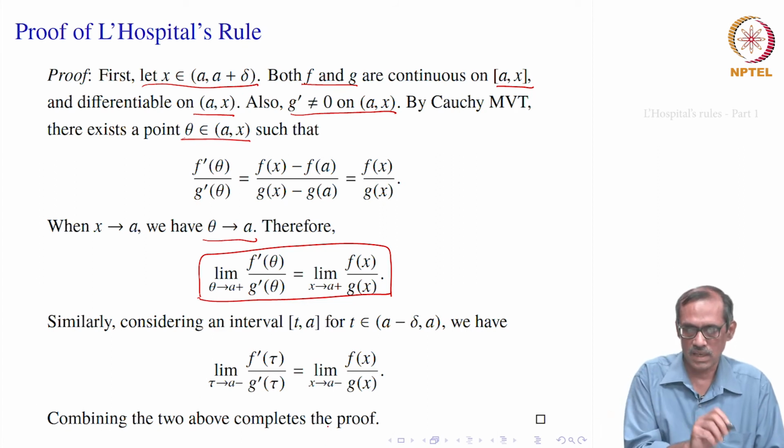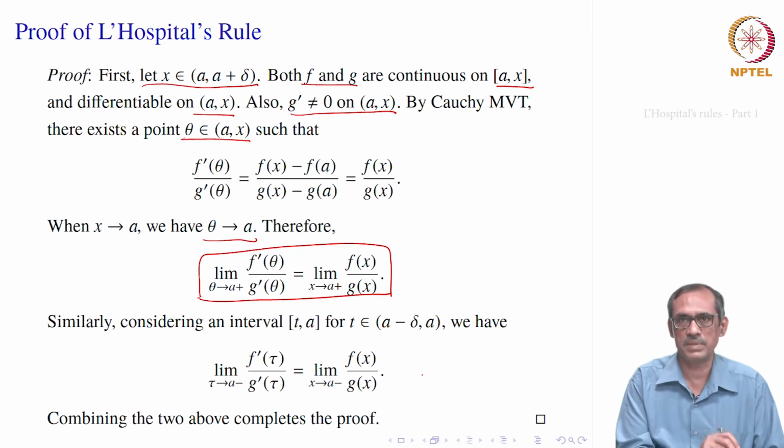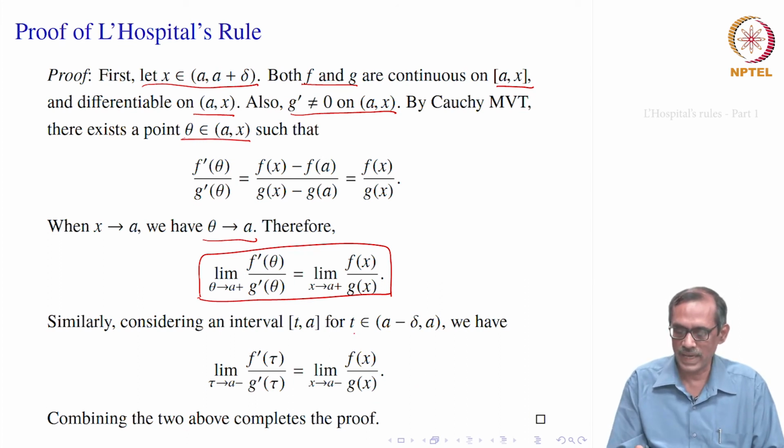Now, if it is on the other side, that is, the left-side limit we are taking, we take any point t in (a - delta, a).